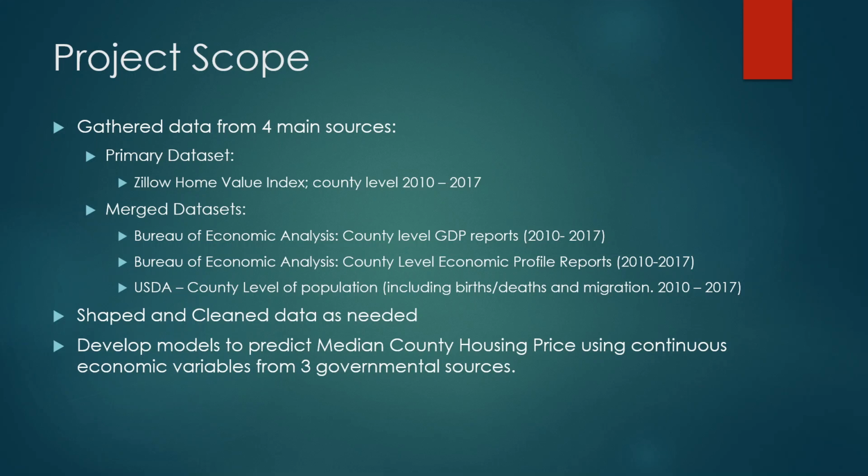Two of them came from the Bureau of Economic Analysis, and one was county-level GDP reports, so the average gross domestic product that a county reports for 2010 to 2017.